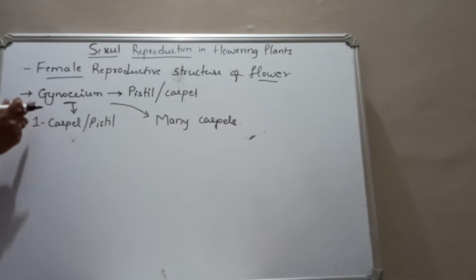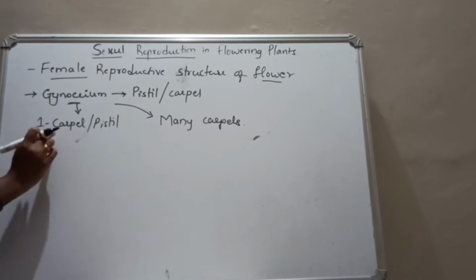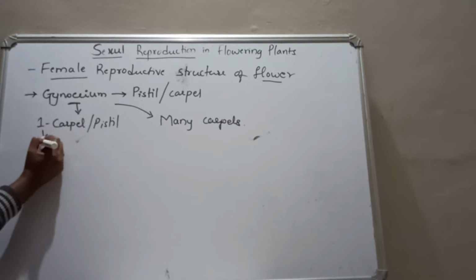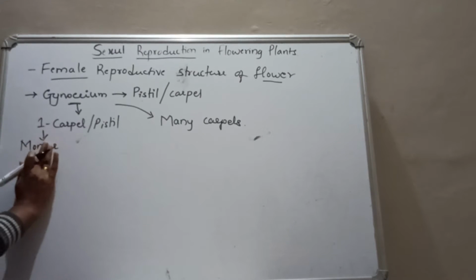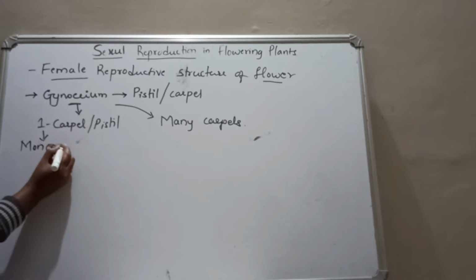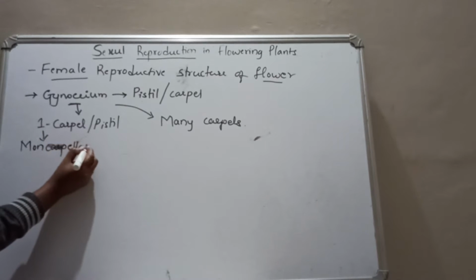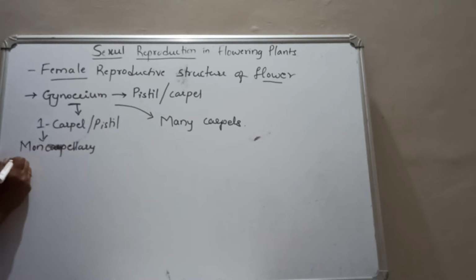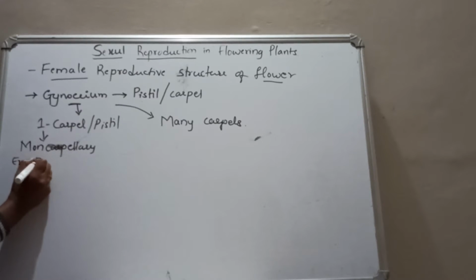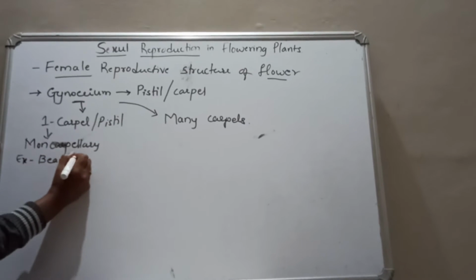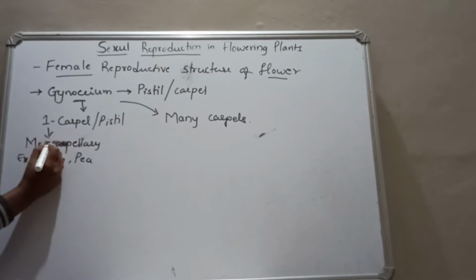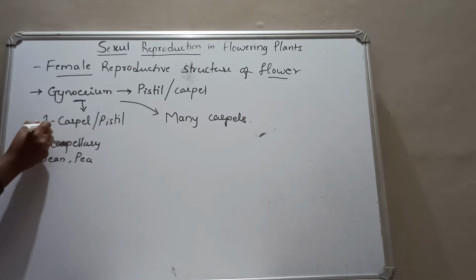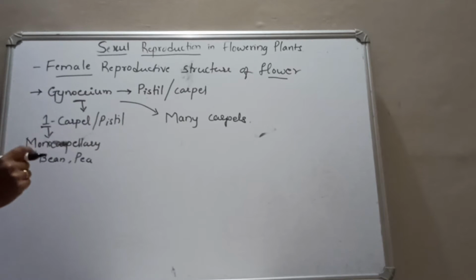When the gynoecium is made up of a single carpel, it is called monocarpellary. For example, beans and pea. These have a single carpel, which means only one carpel.